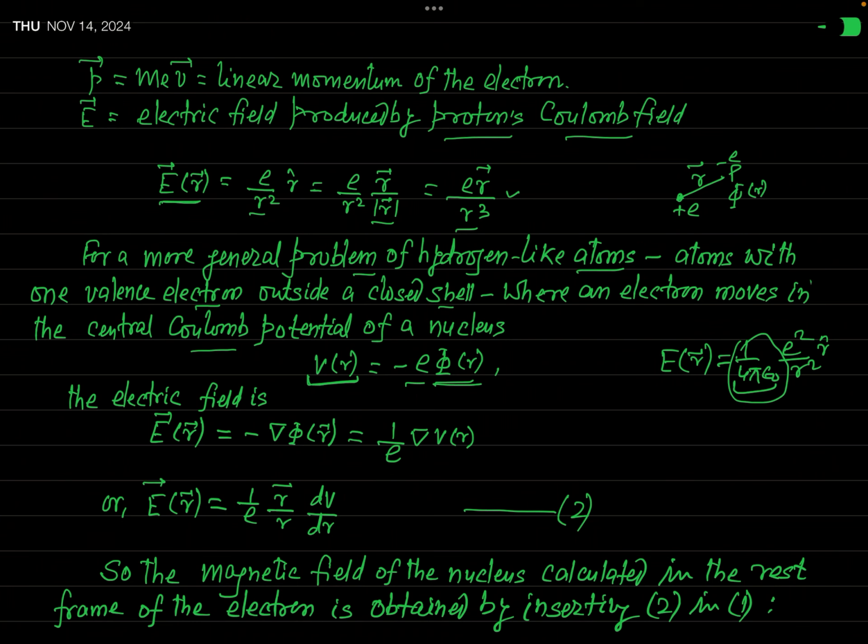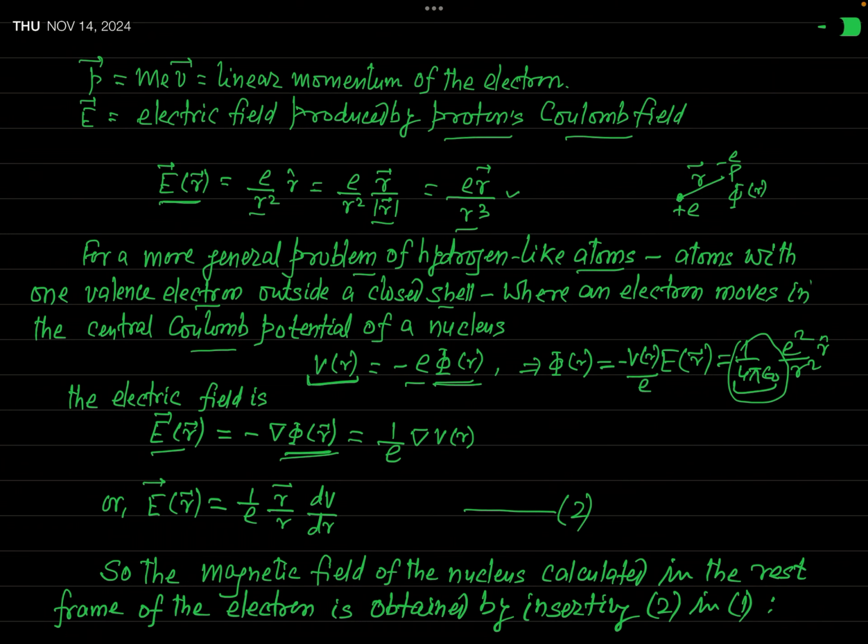Okay, and you know that the electric field is related to the scalar potential phi of R by this relation. Electric field is given as the negative of the gradient of the electrostatic potential, and so E of R is given by minus gradient of phi of R. But see here, if you obtain the value of phi of R, this scalar potential, it will be equal to minus V of R divided by e.